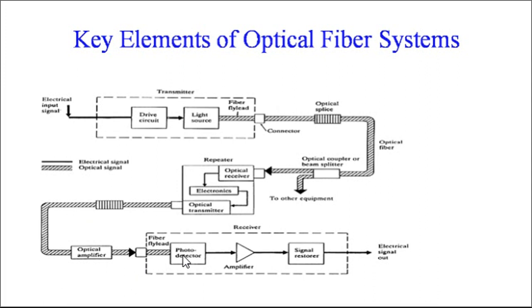So these are the key elements of optical fiber systems, also called the three basic key elements: transmitter, receiver, and optical fiber cables. Here, the signal we transmit is in the form of electrical, and finally we get the same signal in the form of electrical.